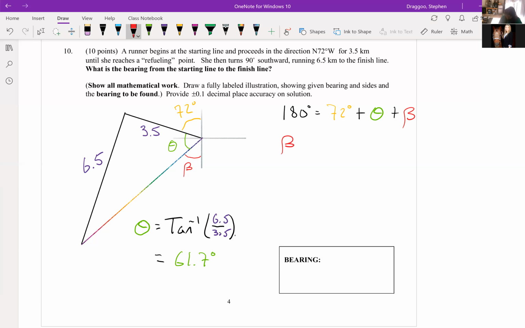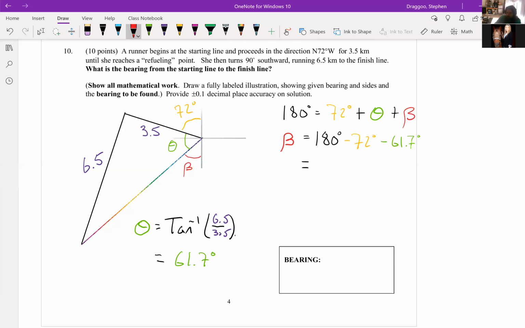Plug that into the formula for beta, which would be 180 degrees minus 72 degrees minus 61.7 degrees. And we get a number there. I better take that to a calculator before I make a small mistake.